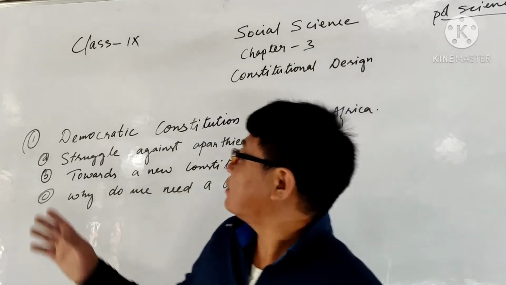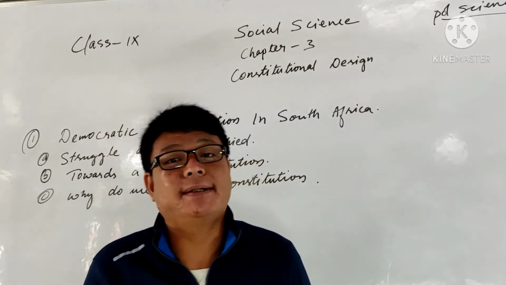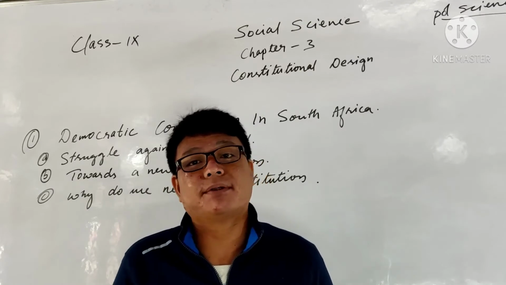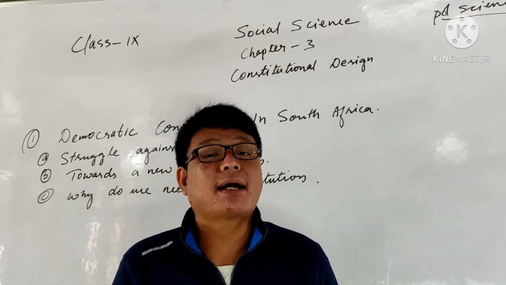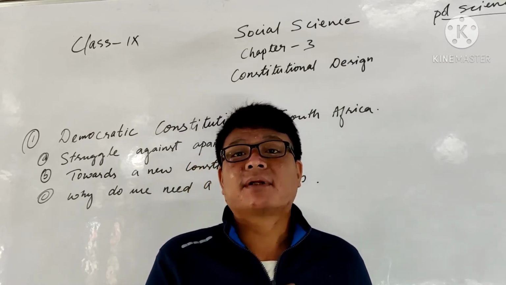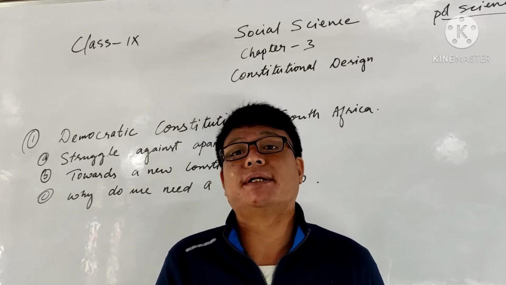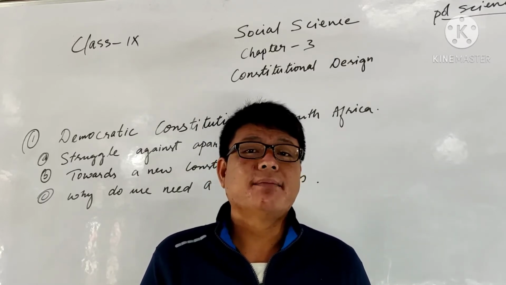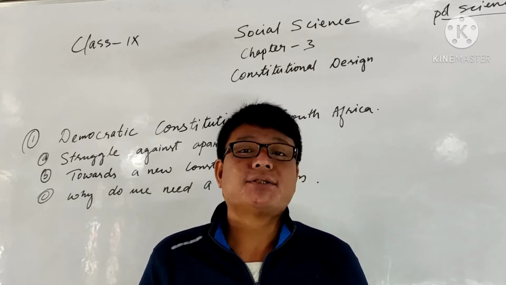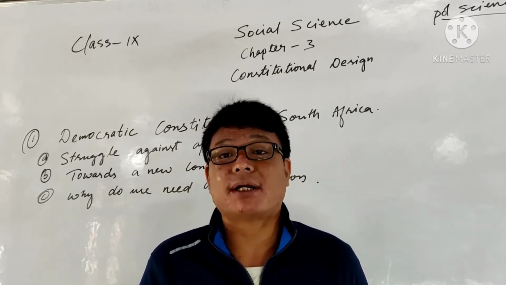So today we'll discuss the democratic constitution in South Africa, where the people are also Black but came under colonial government. Due to that, they faced major problems, political, social and economic. But if you study history, the Africans were very rich in natural resources.